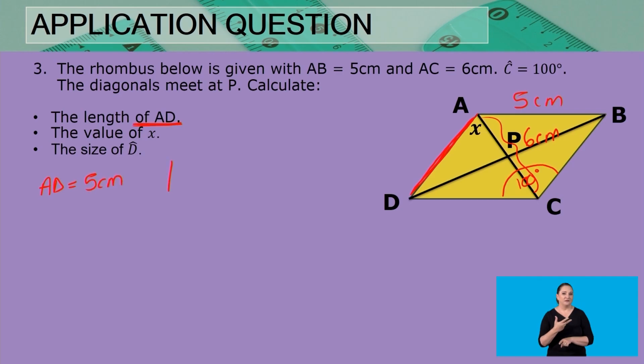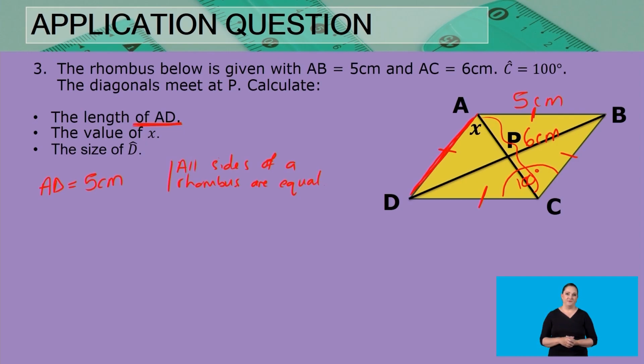It is because we were given AB as 5 centimeters, and we know that AB is equal to AD, AB is also equal to BC, and AB is also equal to DC. So we can say that all sides of a rhombus are equal.